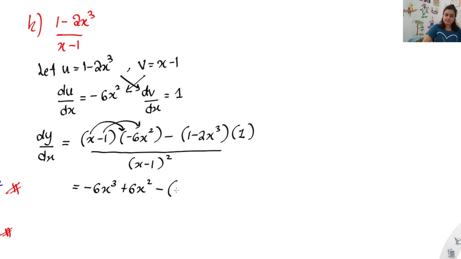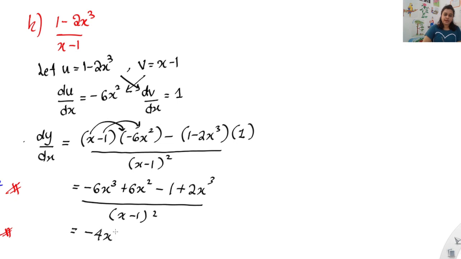Minus, open the bracket, because here it is times 1 only, so there's nothing for us to multiply, since times 1 you get back the same thing. So minus 1 plus 2x cube, over (x minus 1) square. Anything that you can solve here? Yes. Here you will get negative 4x to the power of 3 plus 6x square minus 1, over (x minus 1) square.